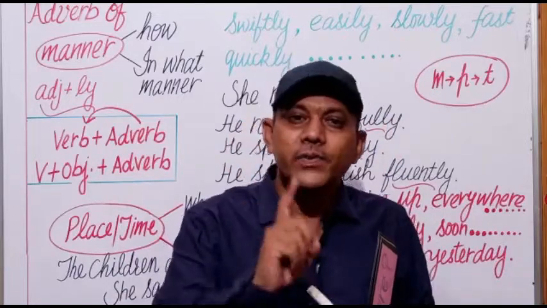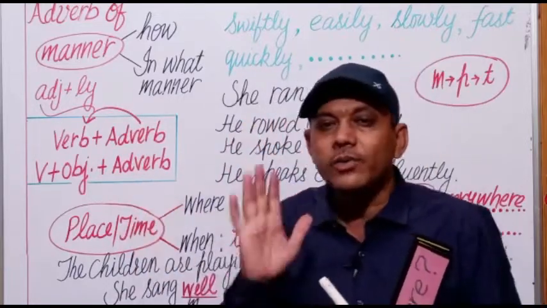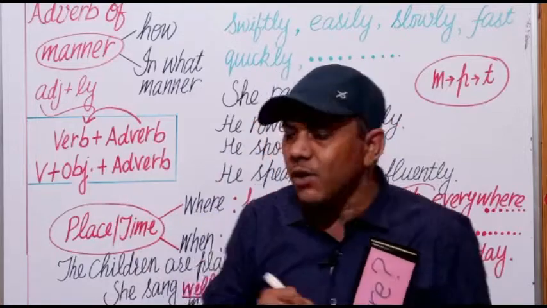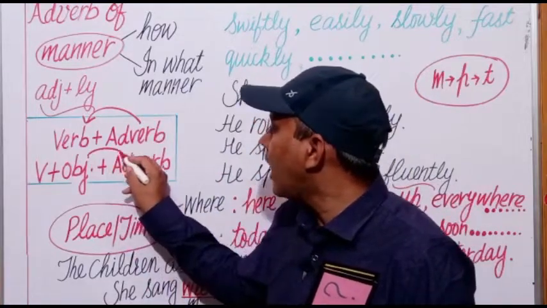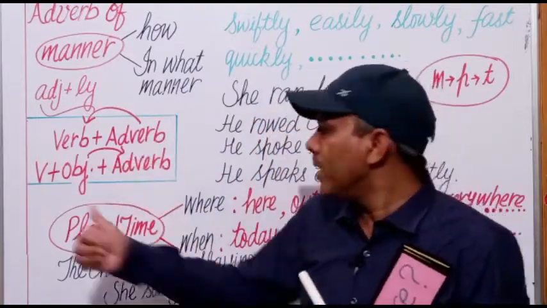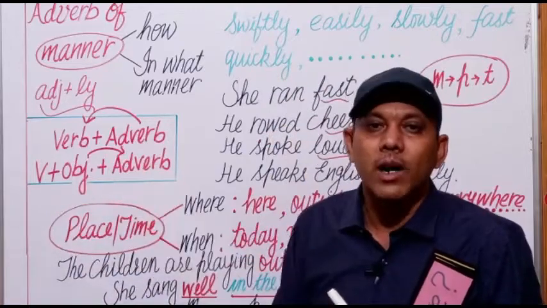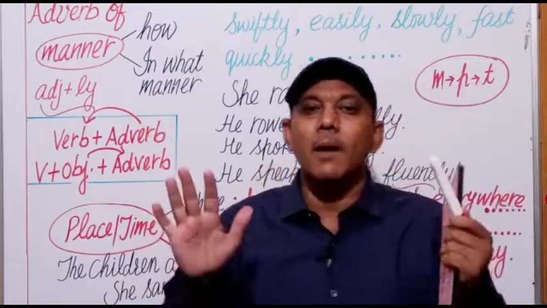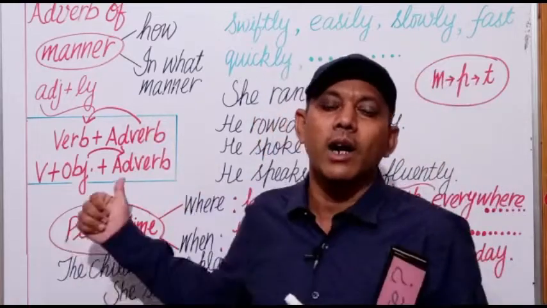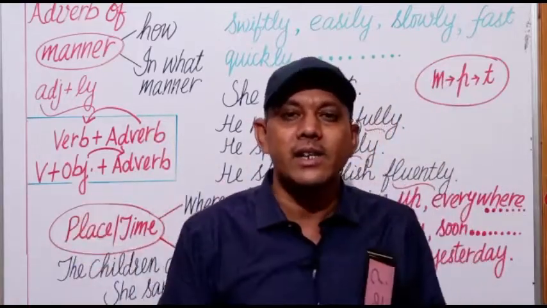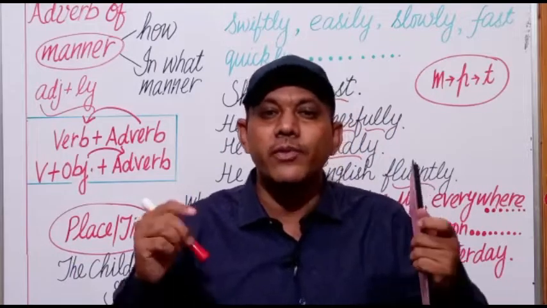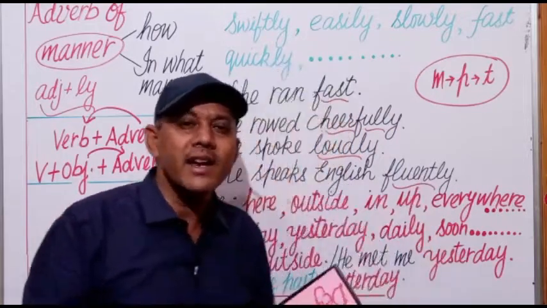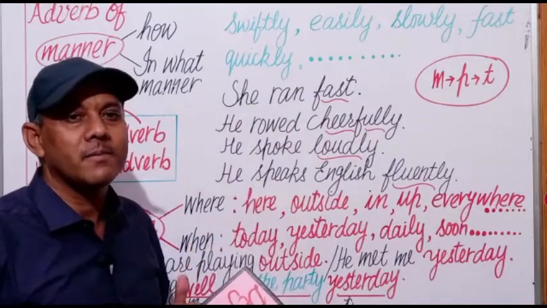But if there is an object of the verb in the sentence, then we use it after the object. Verb, object, and adverb. This formula tells us about the position of adverb of manner in different sentences. Let us take a few examples to understand the adverb of manner.